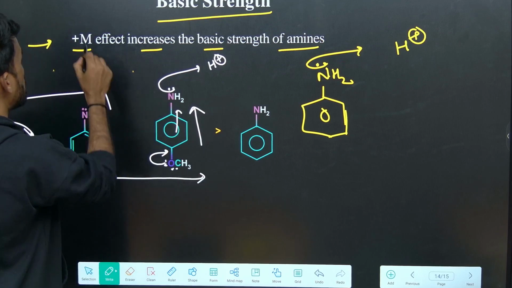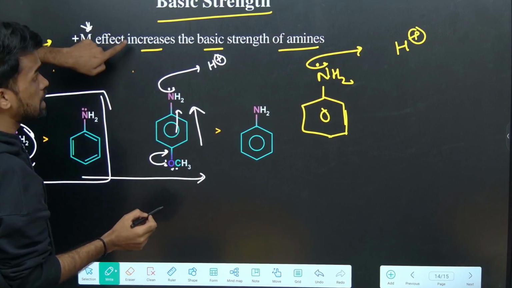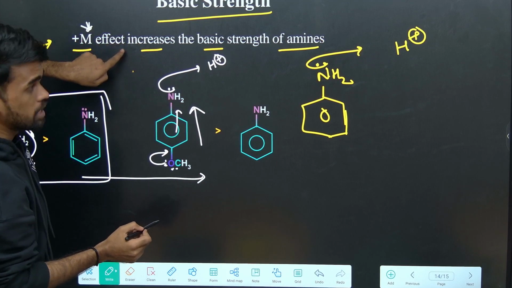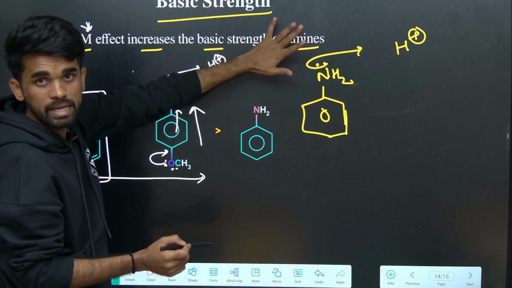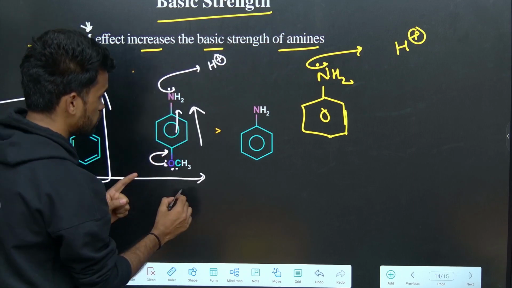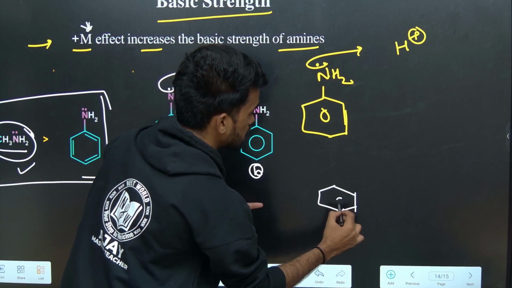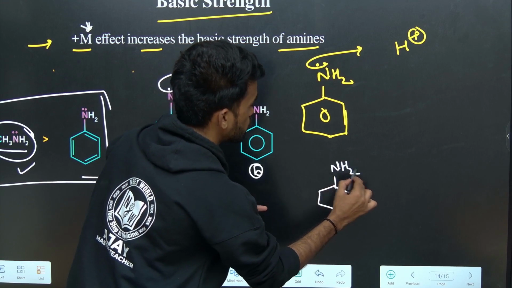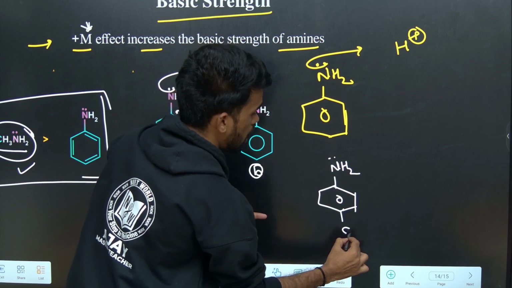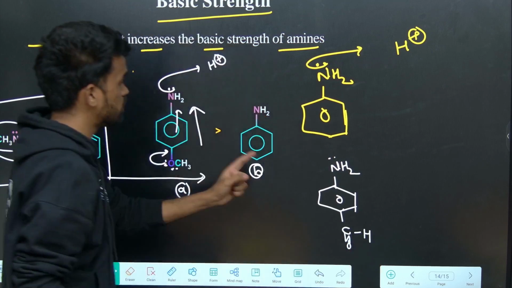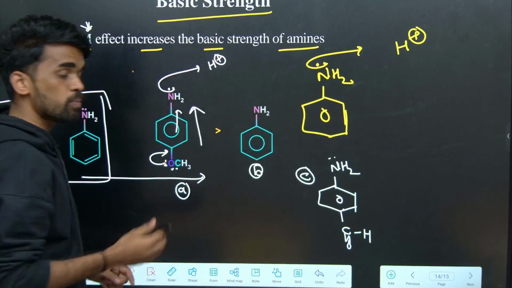So that's why this point is written: electron releasing groups or plus M groups increase the basic nature of amines. Okay, now out of this A, B, I just want to add one more thing here. C, let us say NH2, and here I have an aldehyde group. Now tell me, out of A, B, C, which is more basic?